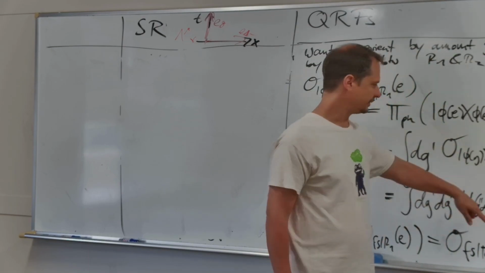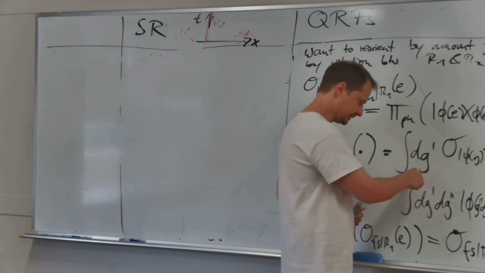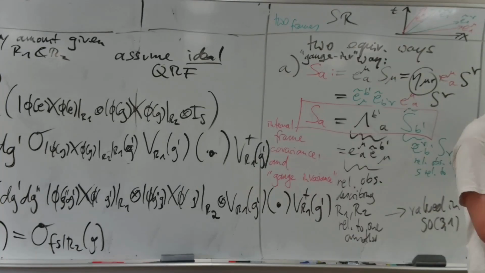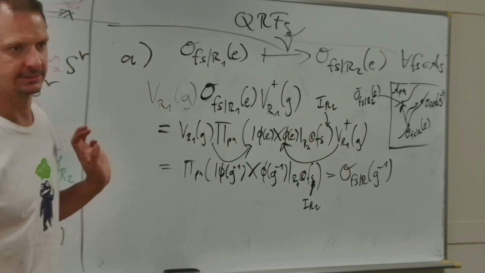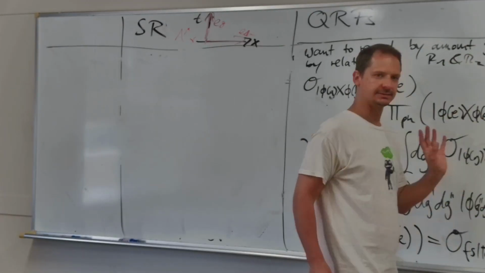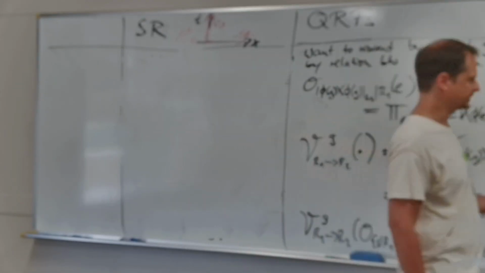And so when I act on the physical states, the average over the whole group may actually become only an average over some of the elements in the group, because the state doesn't have support on all of these elements. And that depends on this relation observable that describes one frame relative to another. So in that sense, you can think of this transformation as being something that reorients the first frame by an amount conditional on the relation between the two quantum frames.